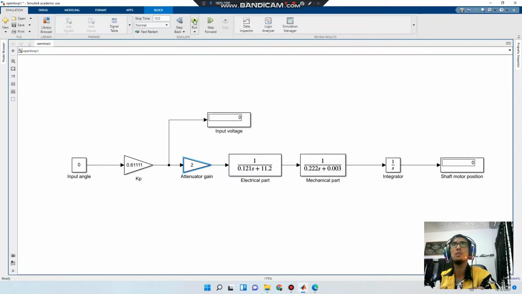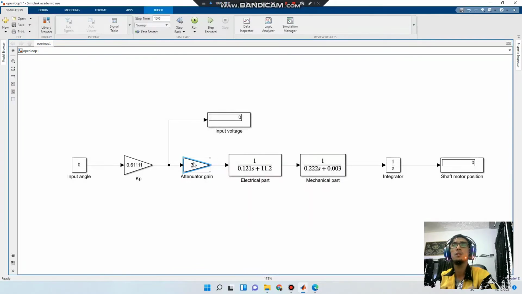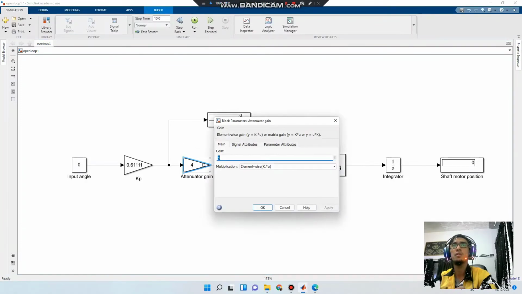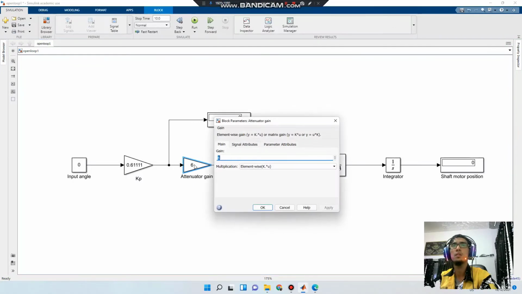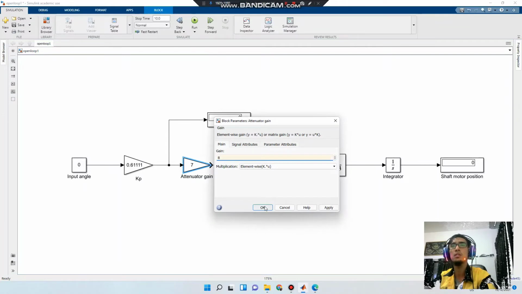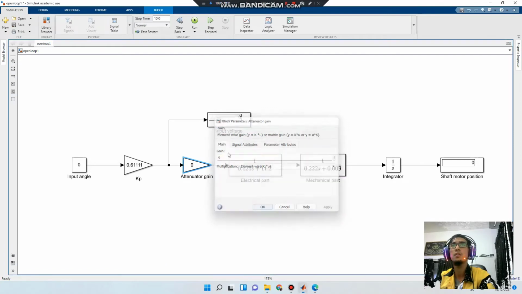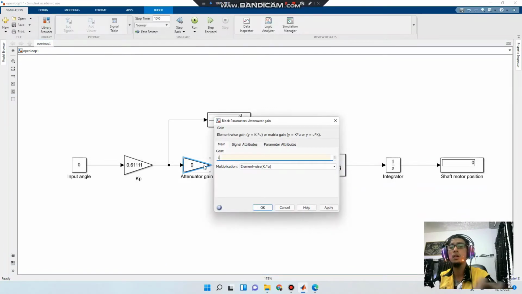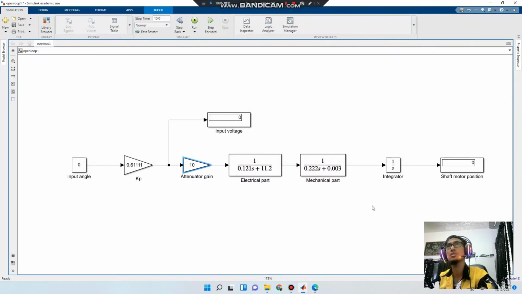Then 2, 0. 3, 4, 5, 6, 7, 8, 9, and lastly 10. From 0 until 10, the shaft motor position is still 0.